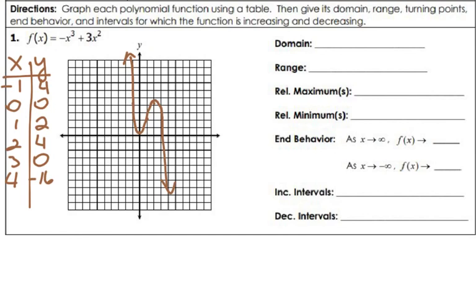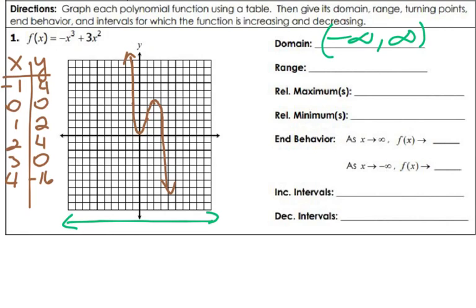So we're going to look at the domain. For the domain you're looking at the x values, so you're looking horizontally. And if you can see, there are no breaks in between, so the domain is all real numbers. So we go from negative infinity to positive infinity, using interval notation.